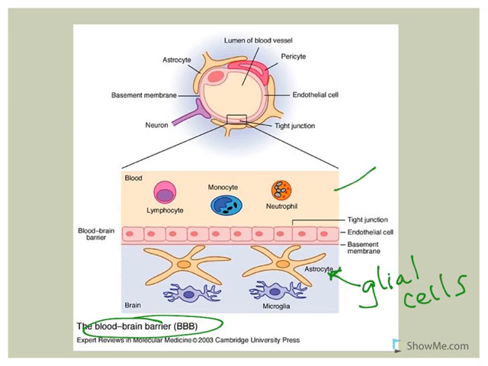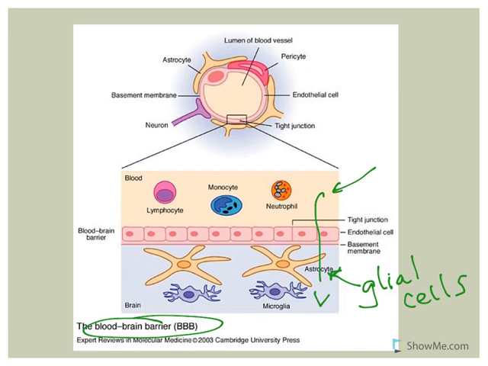It prevents things from the blood from leaking into the brain, because the brain is very excitable. I don't want a lot of things that could excite the brain. So we have very, very tight junctions. That's going to prevent certain things from moving across and abnormally affecting function of the brain.